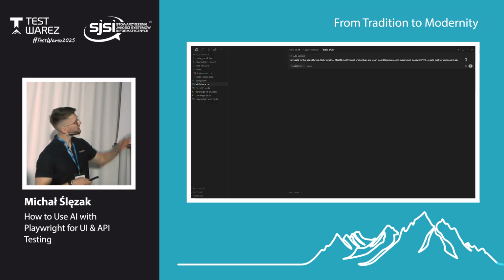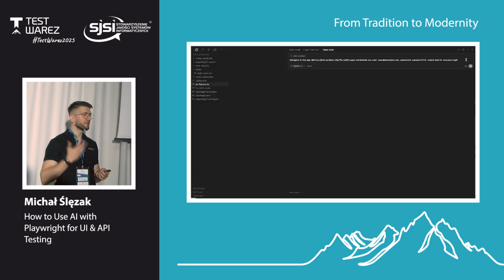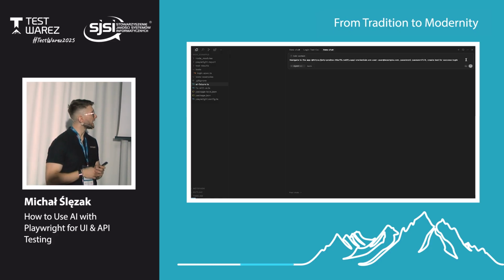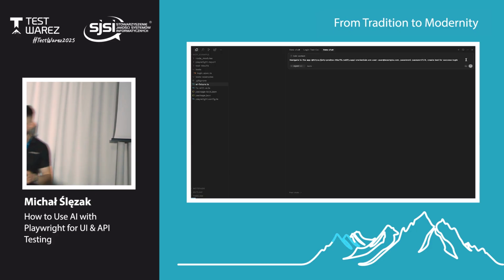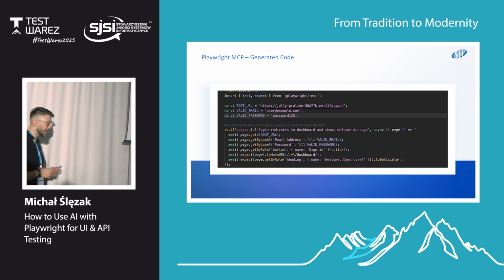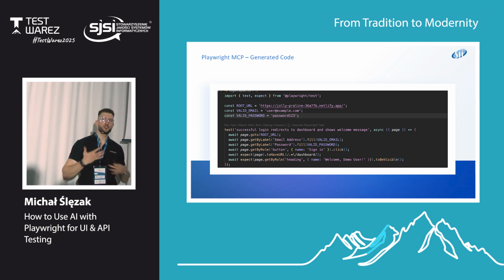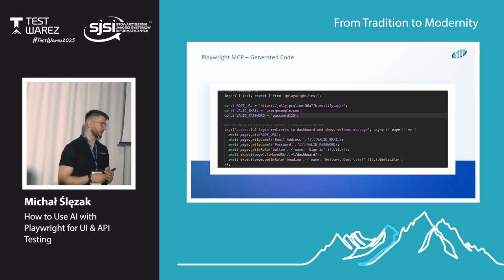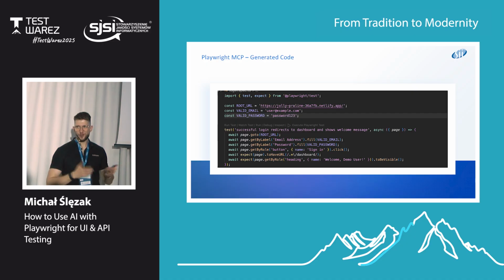And as you can see, in this case, I need to confirm that I would like to perform this action, but of course, it's possible to set it up so that it works automatically. And at the end, the test code is generated, and it looks like this. It's not so good, but if we add an additional prompt, the code can be better. And of course, I don't want to say that we don't need our knowledge about automation.